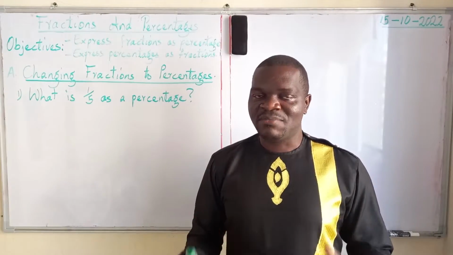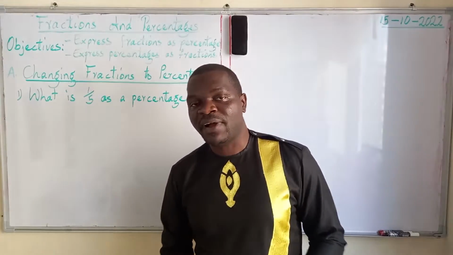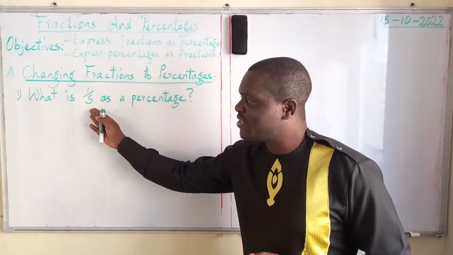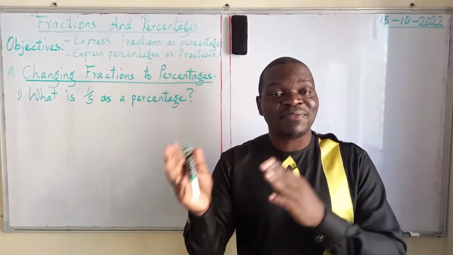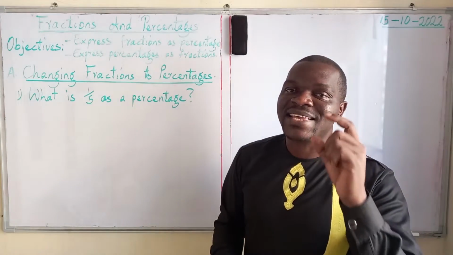I've always reminded you that here we demystify, simplify, and exemplify for your understanding. To solve this, you simply take the fraction, multiply by 100, simplify where necessary, and have your answer as a percentage.